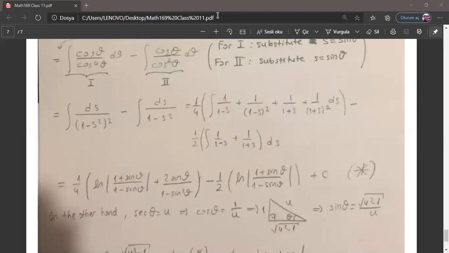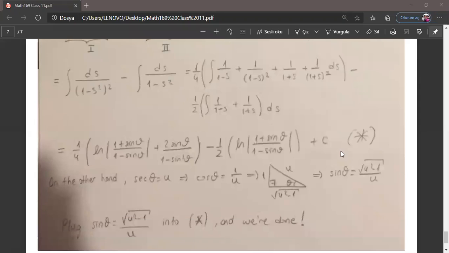Sorry, from this you will get minus ln 1 minus s plus ln 1 plus s. So that's why you get this, okay? Plus some constant.